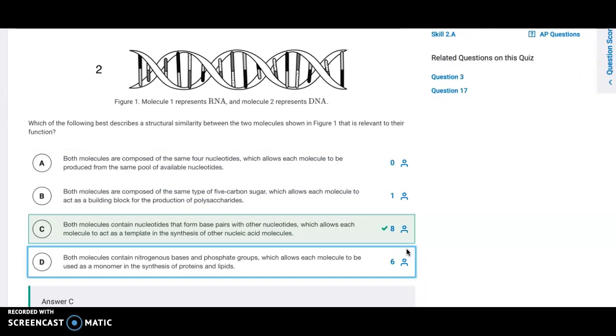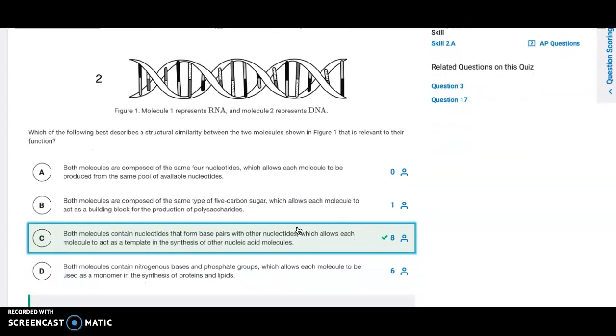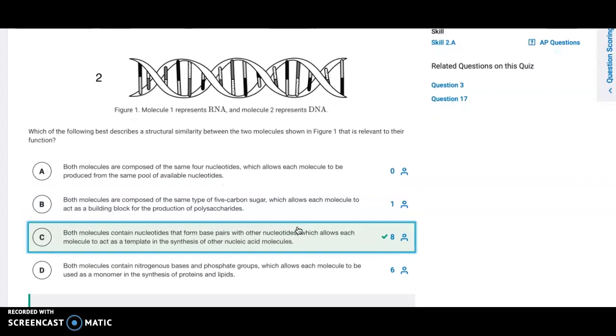Which of the following best describes the structural similarity between the two molecules shown that is relevant to their function? So both contain nucleotides that form bases with other nucleotides, which allows each molecule to act as a template in the synthesis of other nucleic acid molecules. True. That's how DNA is used to make mRNA, or mRNA is used to connect to tRNA, and so on.